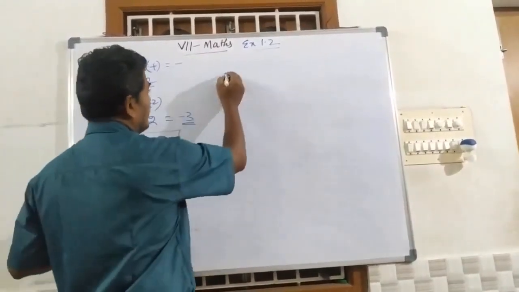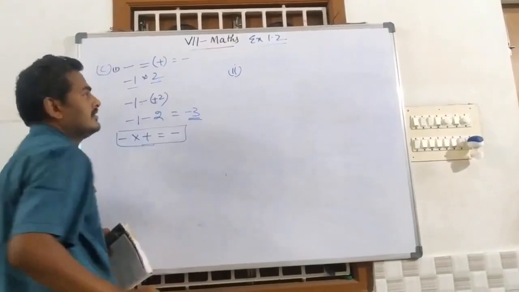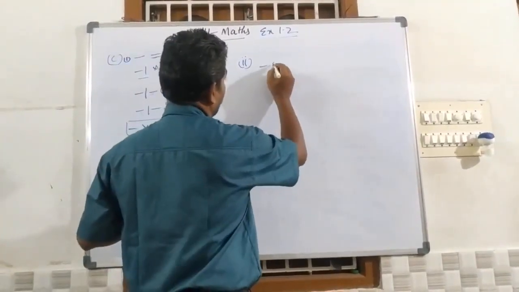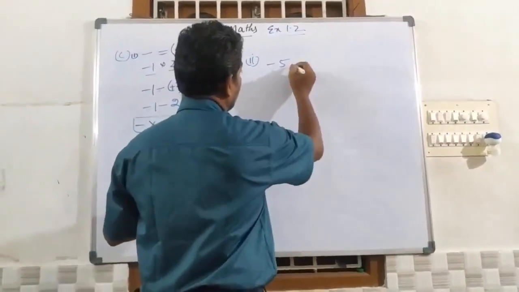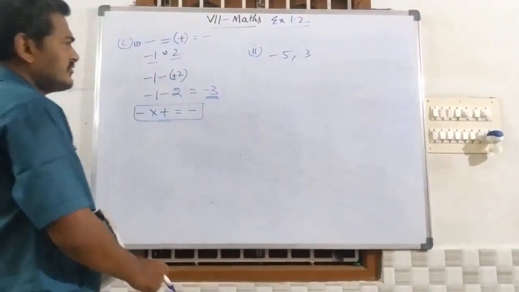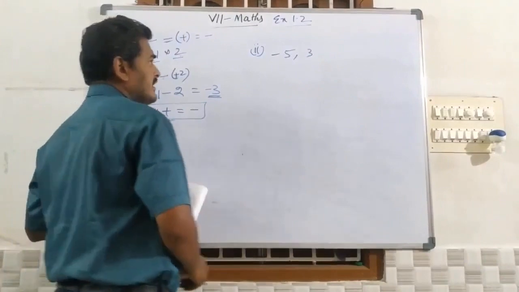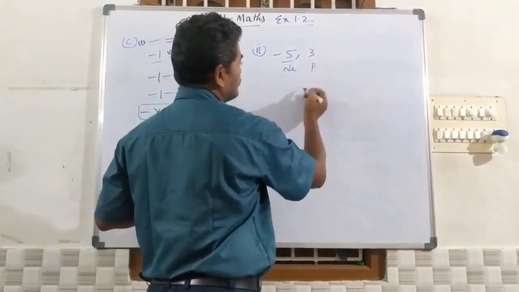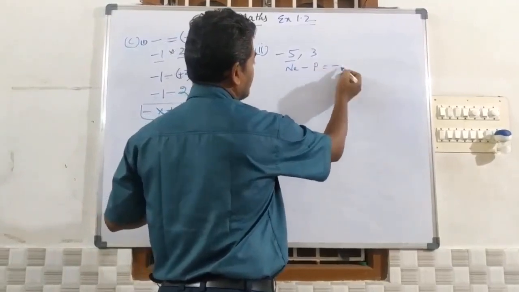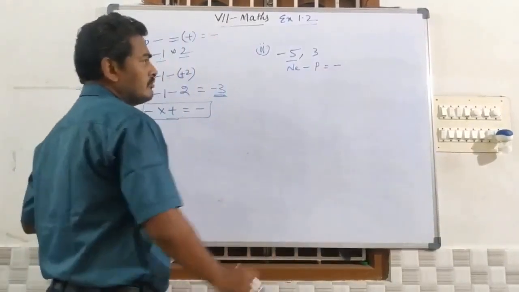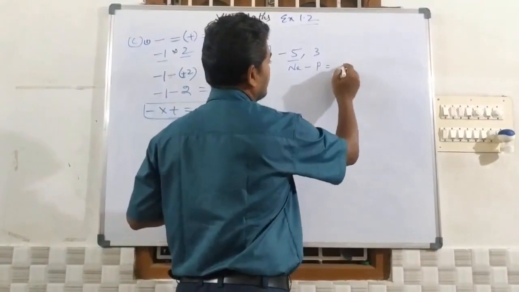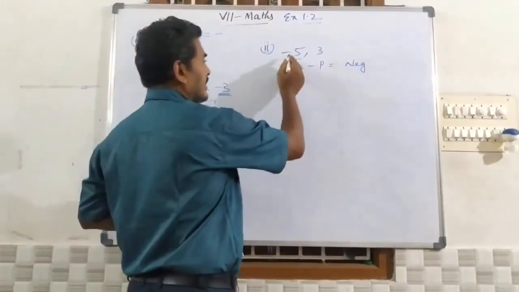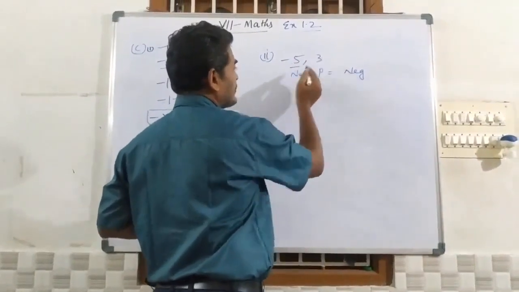If we take another example for the same question, minus 5 and 3. We want the difference of a negative and a positive number to be a negative number.